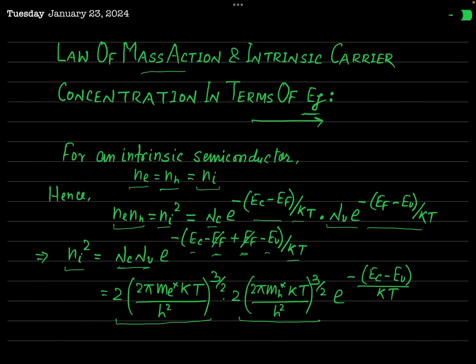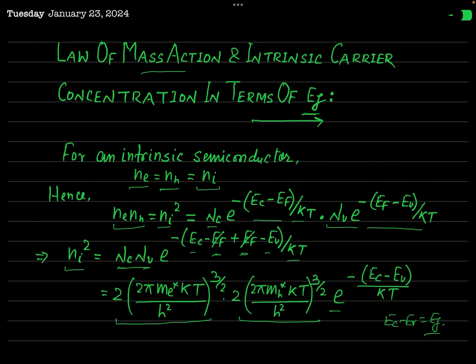And this is e to the power minus (Ec minus Ev) over Kt, because Ef and Ef have been cancelled out. But what is this Ec minus Ev? You know, I have shown earlier that this Ec minus Ev is simply equal to Eg, which is called the band gap.